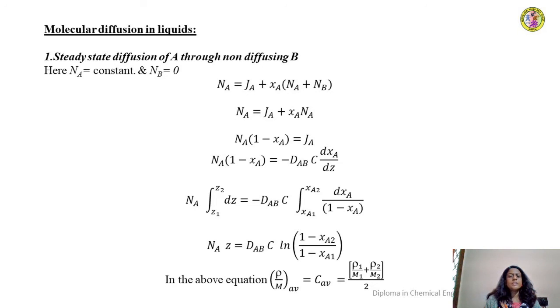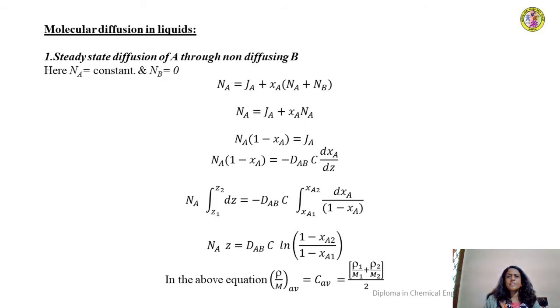When we wrote this equation for gases, I used the term YA for mole fraction, because for gases we usually use YA to represent the mole fraction, and when we consider liquids, the mole fraction concentration terms are usually represented using the letter X. So the equation becomes NA equals JA plus XA into (NA plus NB).